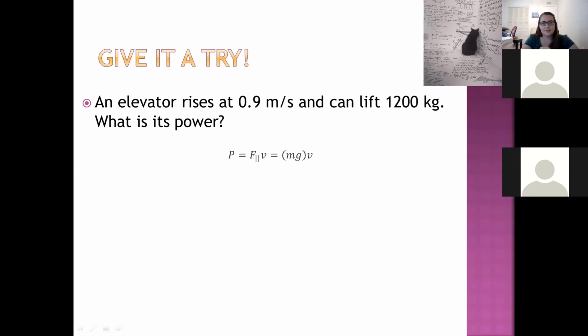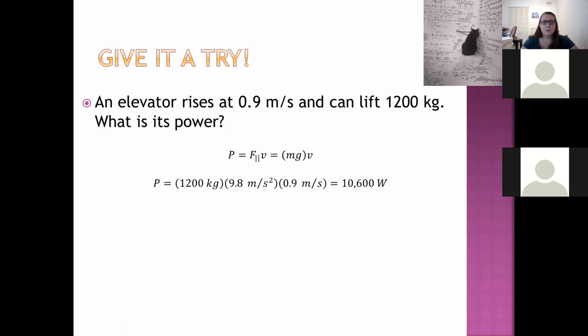All right. So just like we've seen in the previous couple examples, power is our parallel force times our velocity. The force that's acting in this scenario is again gravity because the elevator is rising against gravity. So our force is mass times g. Our velocity will also factor in. So mass is 1,200 kilograms.